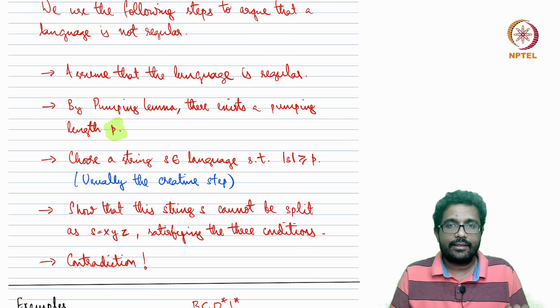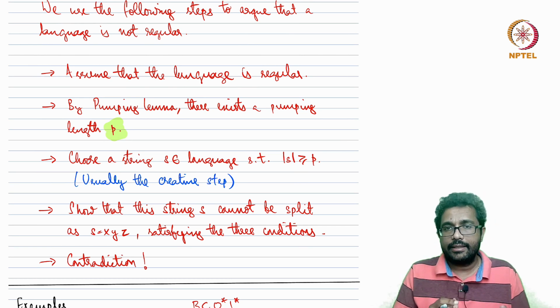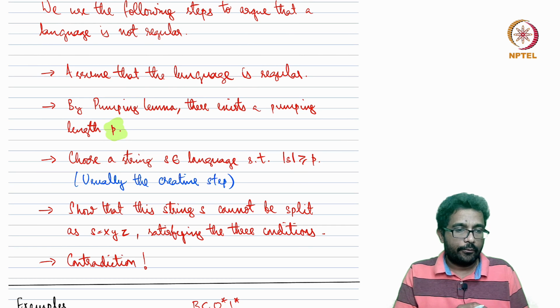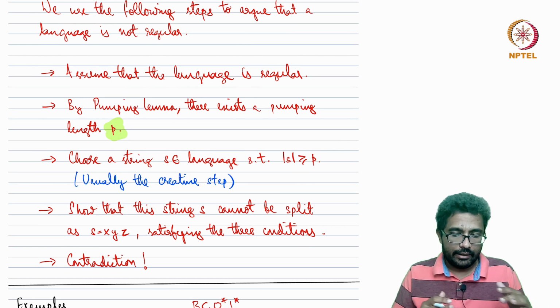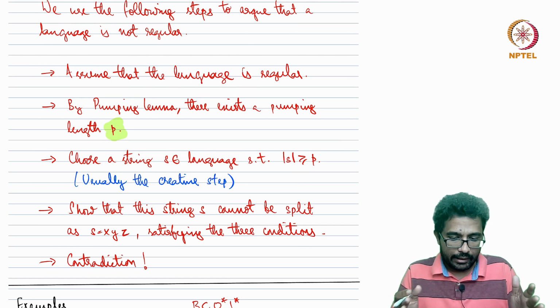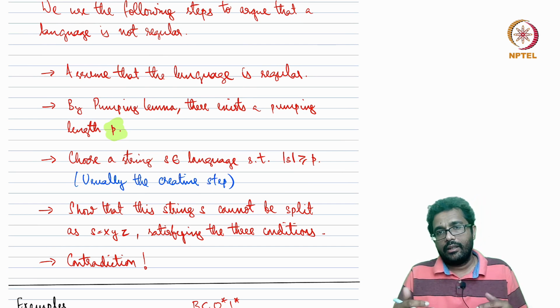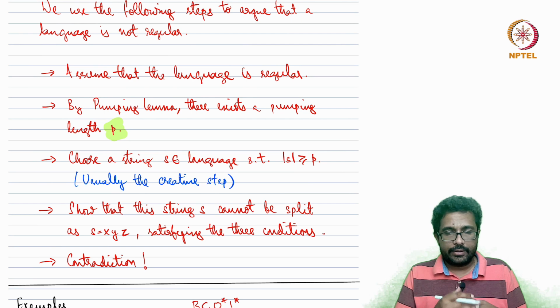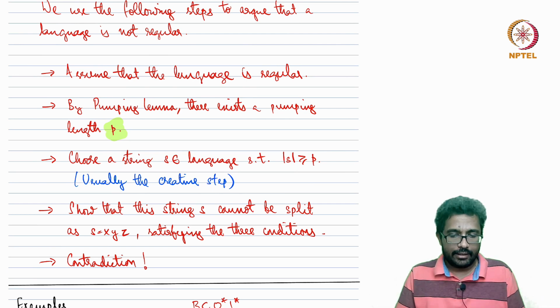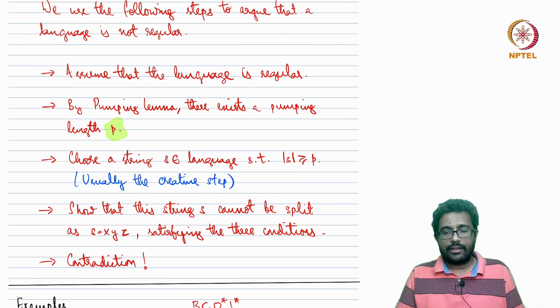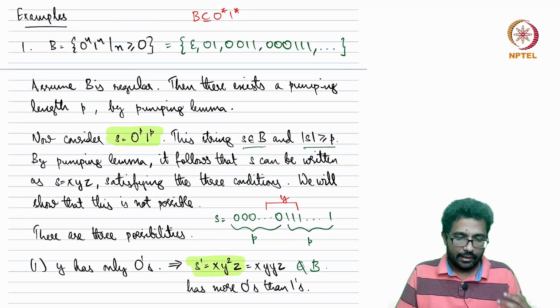We can choose any string in the language, but then we have to argue that whatever way we split it, it cannot satisfy all three conditions. There is no way to split it as xyz satisfying the three conditions, and that yields a contradiction.